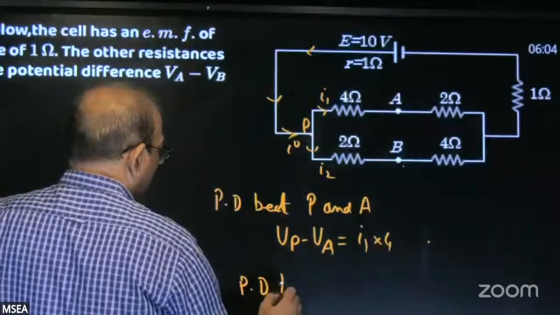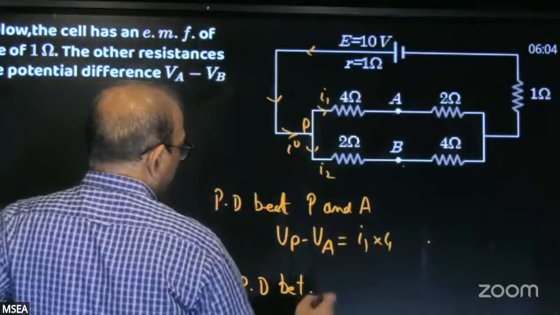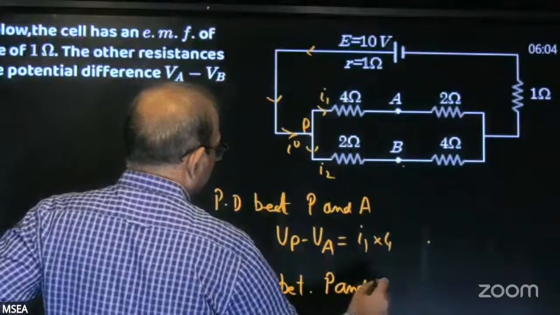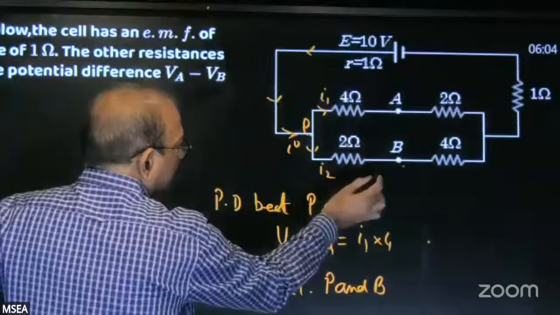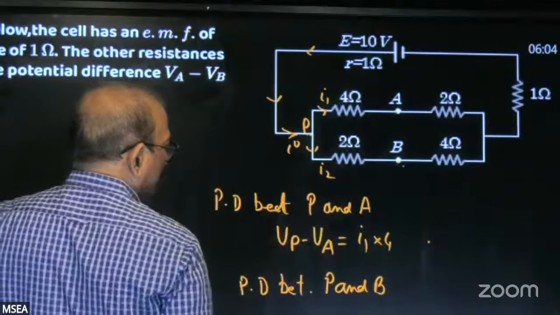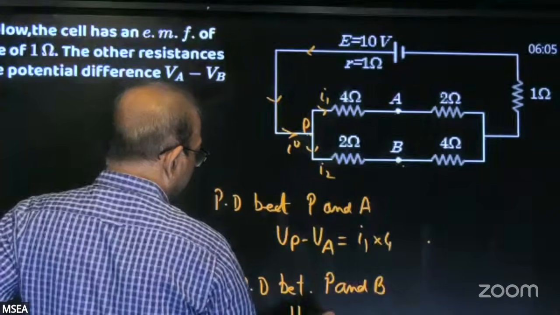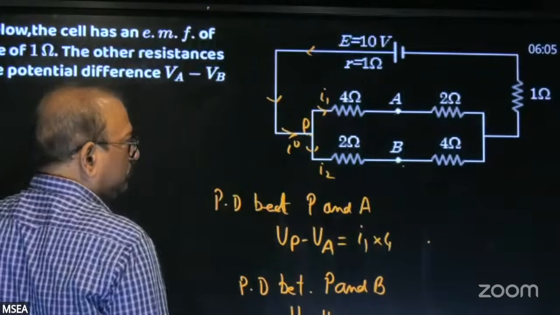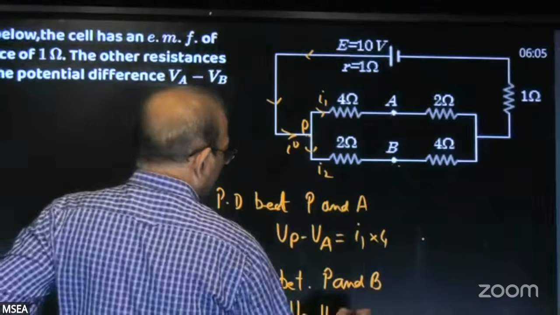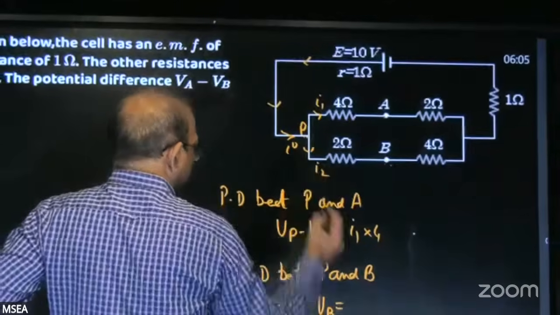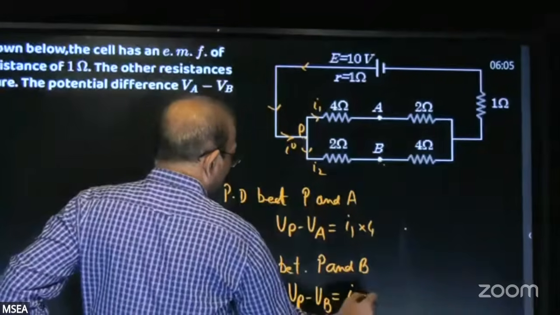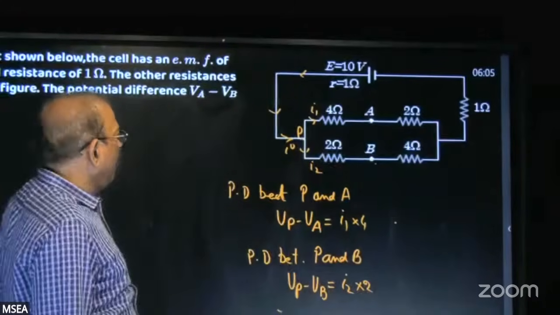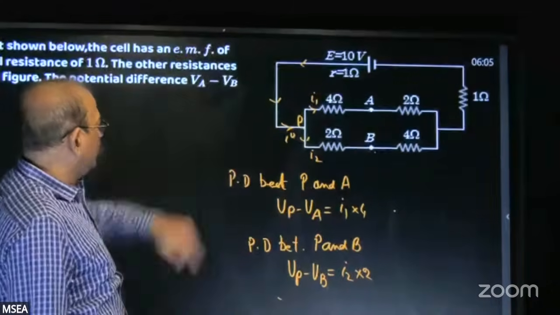Then find the potential difference between P and B: Vp minus Vb. Same: current flowing from P to B is I2, into resistance 2 ohm here. But what do you want? Va minus Vb.